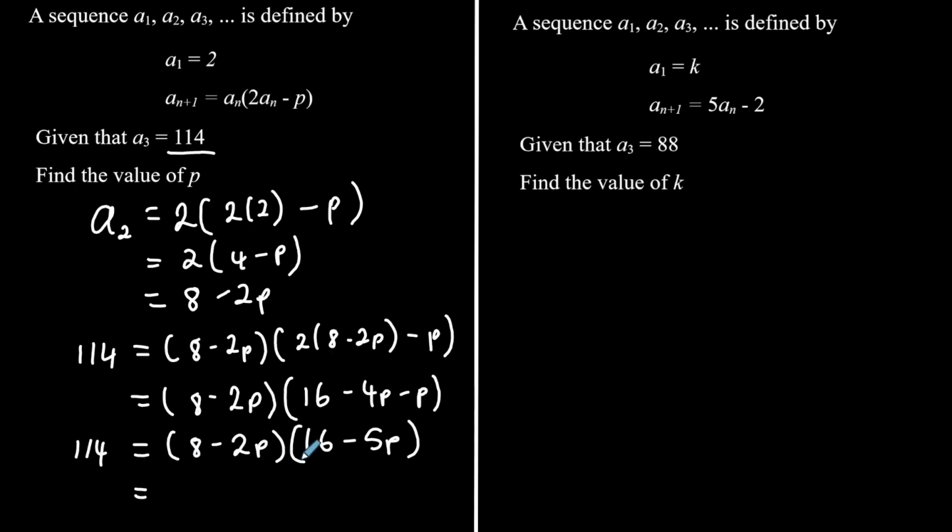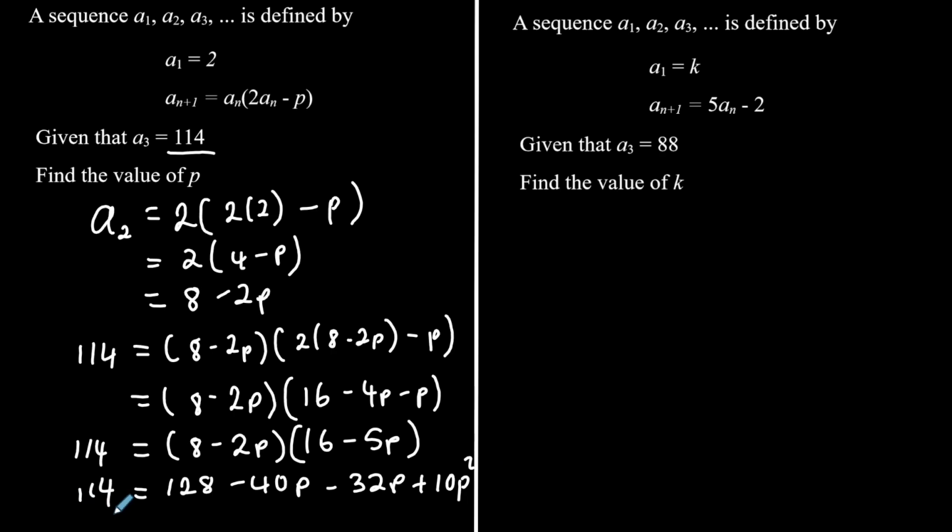So 8 sixteens, that's 128. 8 times negative 5p, negative 40p. Negative 2p times 16, negative 32p. And negative 2p times negative 5p, positive 10p squared.